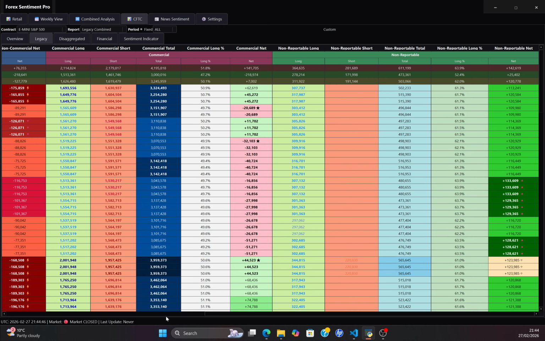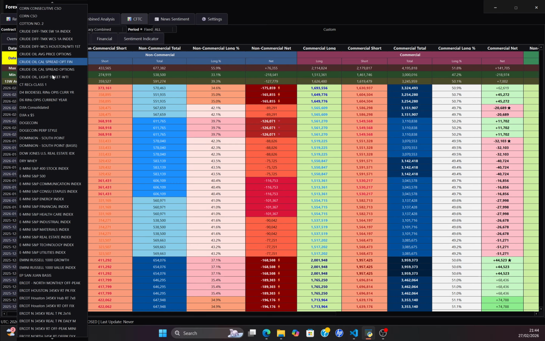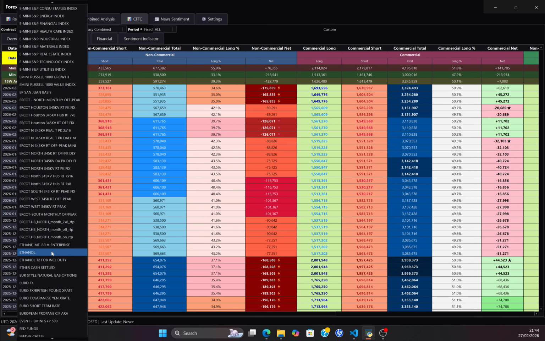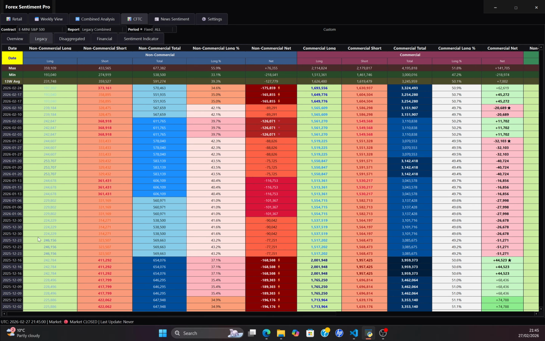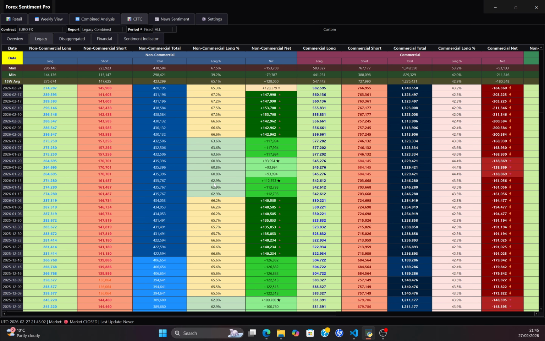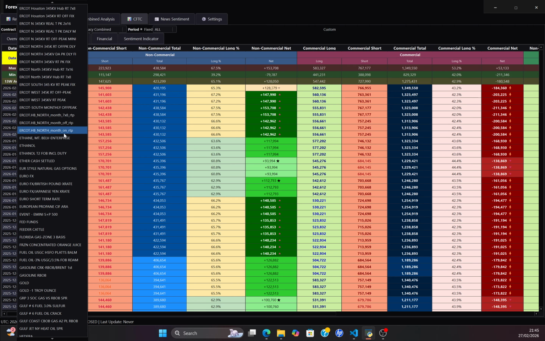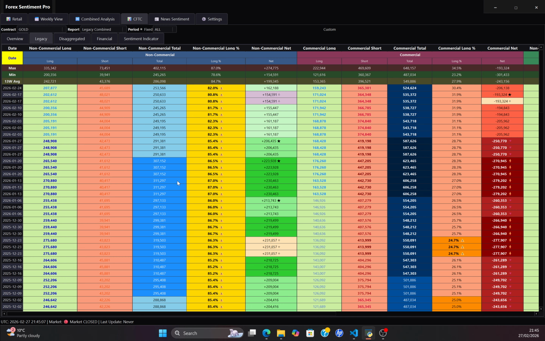You can look at another contract, like mini S&P 500, or you want to look at euro. Sorry, I can't see that. You can look at euro positions. You want to look at gold, simply press G on the keyboard. It's gold.